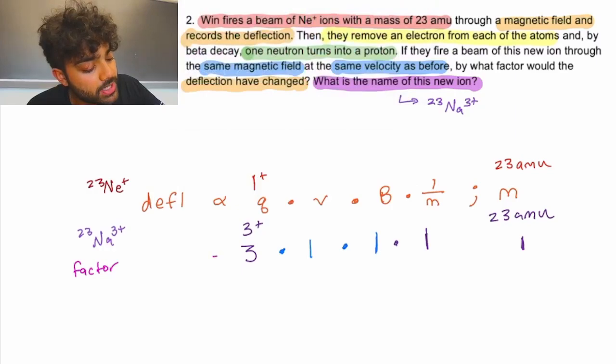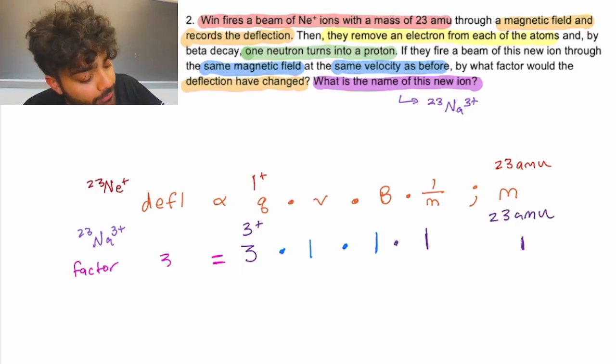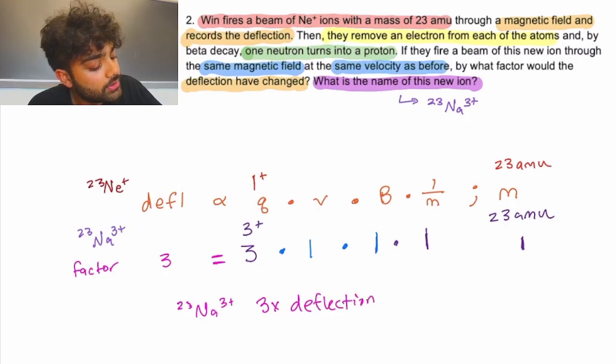We put an equal sign where the proportionality sign would have gone, and now we do 3 times 1 times 1 times 1 is 3. So our final answer is that our sodium 3 plus has a factor of deflection that is 3 times that of our neon plus.